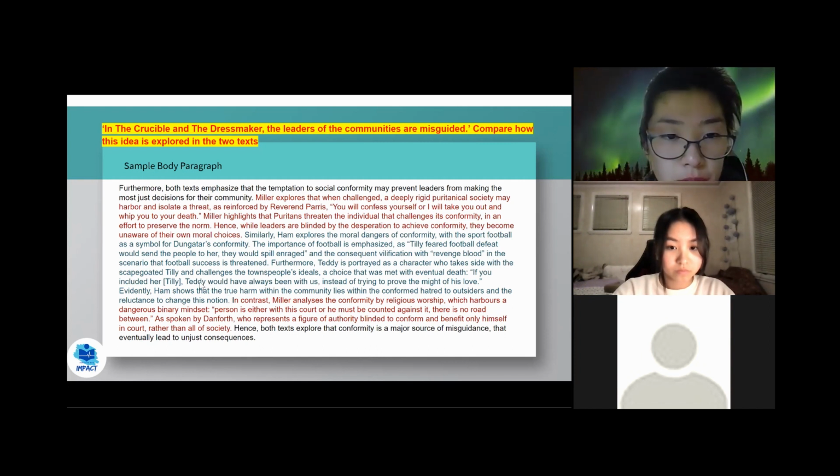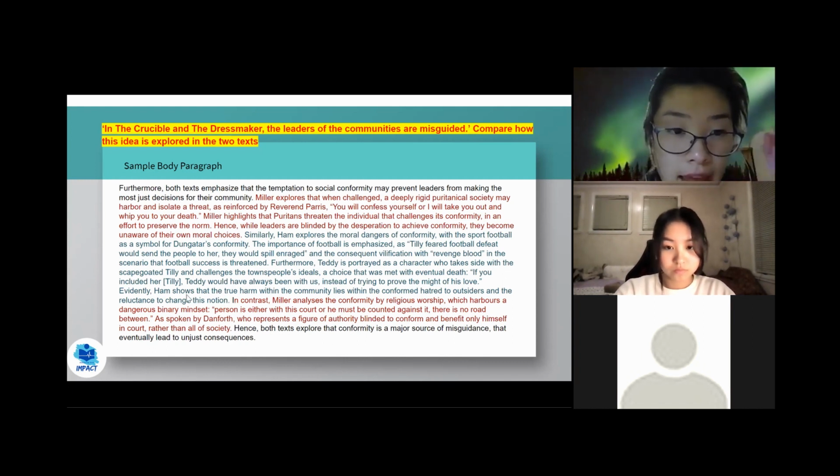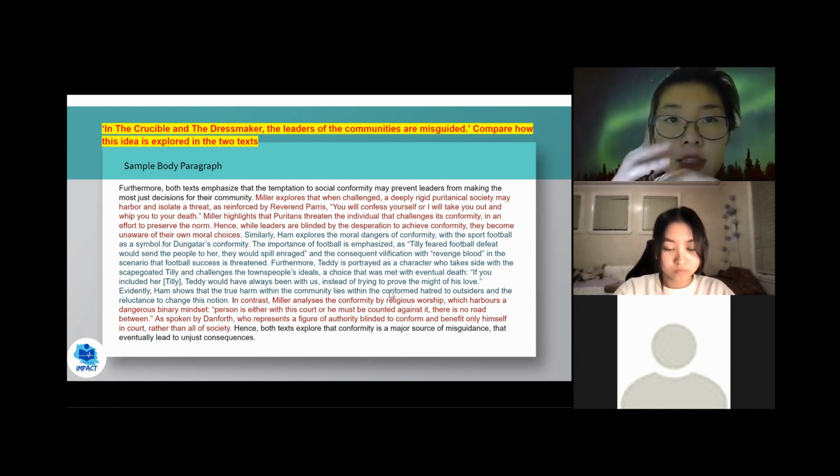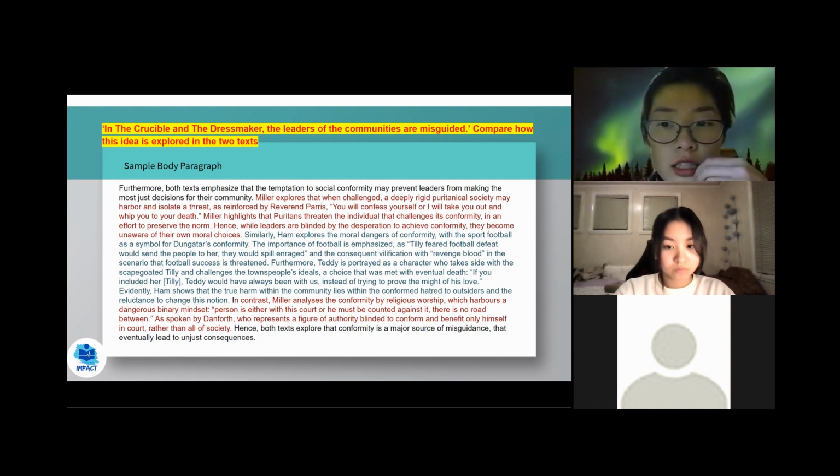Yeah, so this point is in contrast to the point previously made in text A, reflecting about the harms of society, the harms of conforming within something that's rigidly set in society. So like in this instance, it's like the hatred for the outsiders.